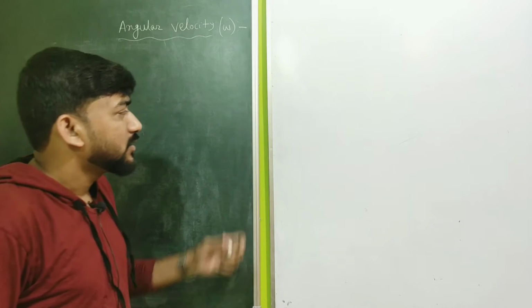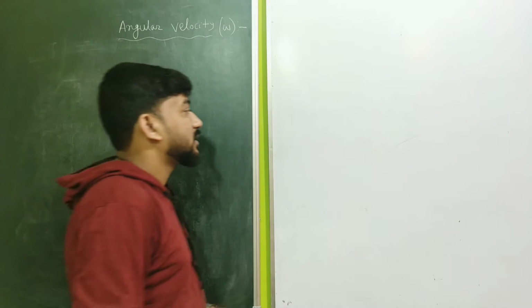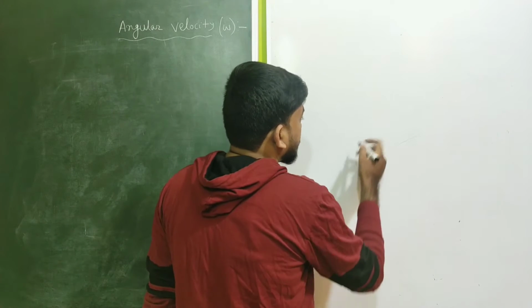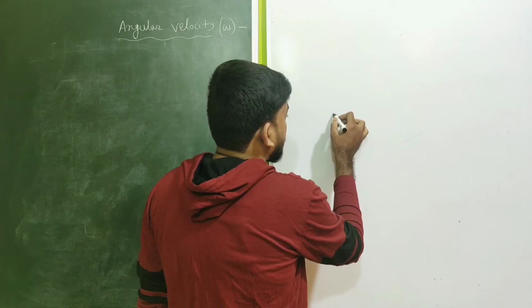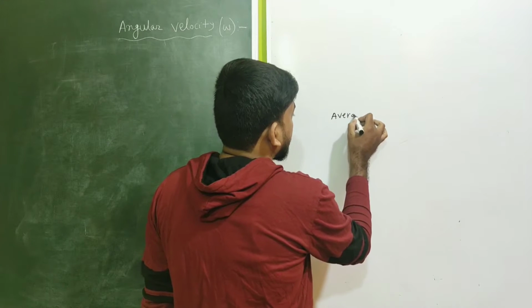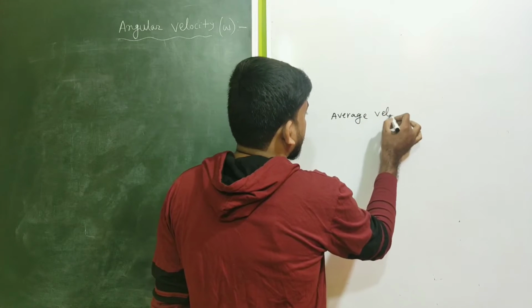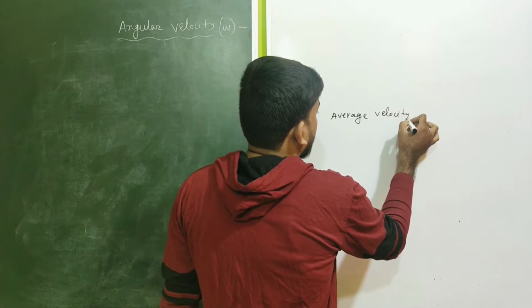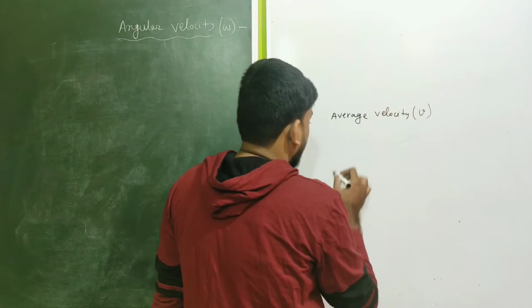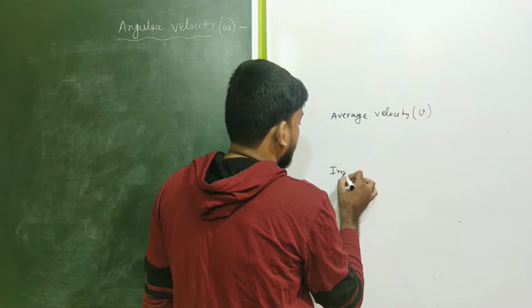In the linear case that we discussed earlier, there are two types of velocities. One is average velocity, and another is instantaneous velocity.